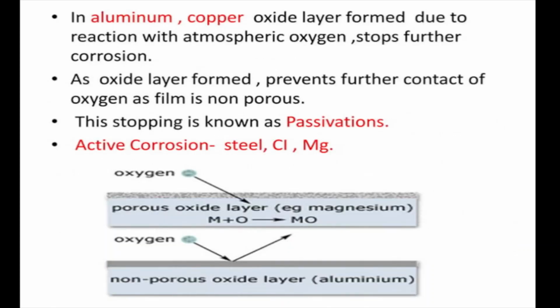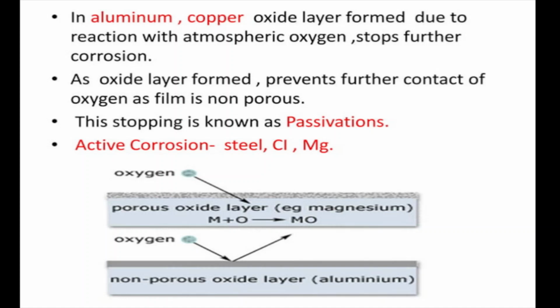In aluminium and copper, the oxide layer is formed due to reaction with atmospheric oxygen, and hence it stops further corrosion, because the aluminium oxide or cupric oxide, when formed, creates an impenetrable layer on top of the pure metallic material. So the humidity or the oxygen from outside will not get a chance to come in contact with the pure metal.